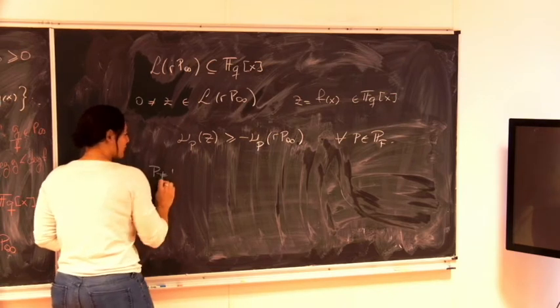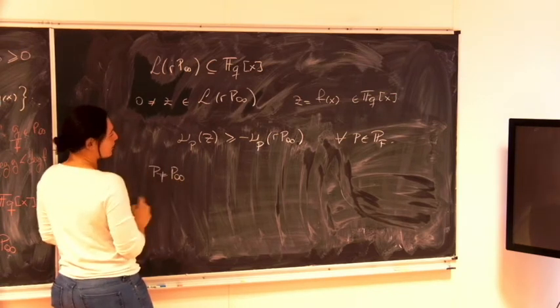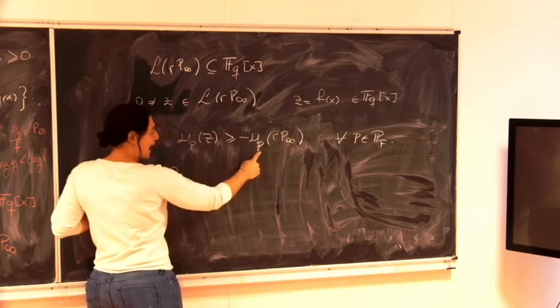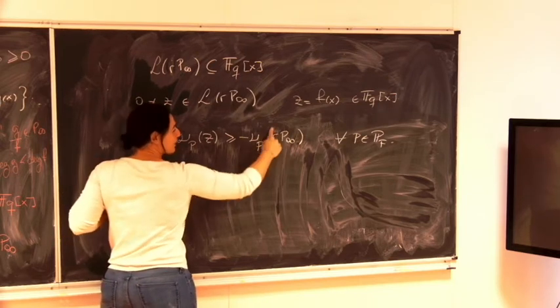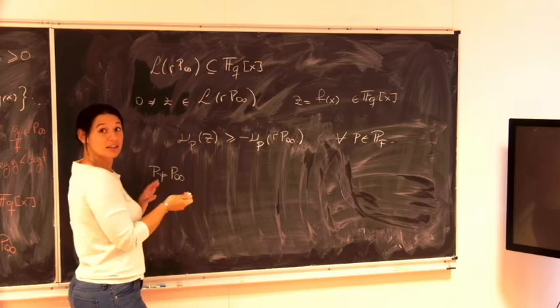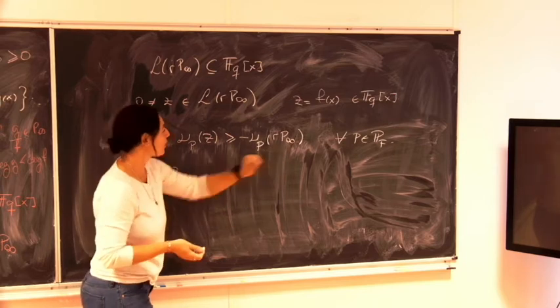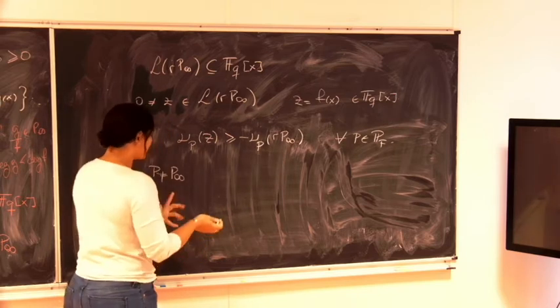If P is different from P infinity, what we have is that the valuation at P of this divisor is 0, because this place is not in the support of the divisor.